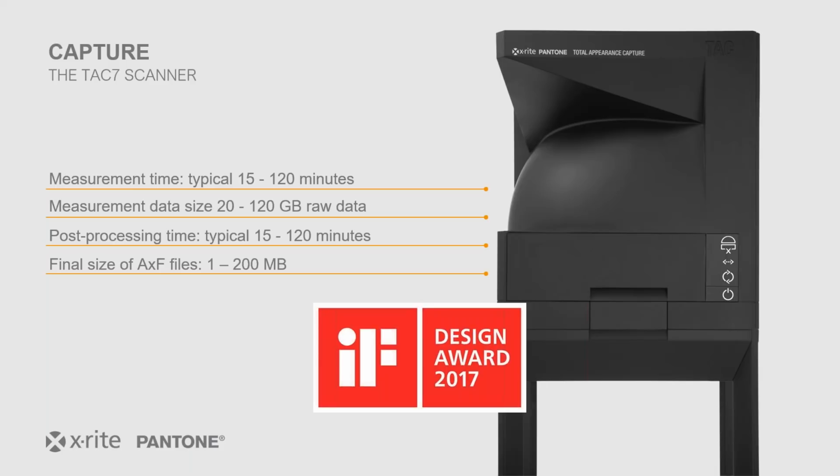The post-processing time, typically, depending on the machine that you're using, can be anywhere from 15 minutes to 2 hours. It can take longer than that if your machine doesn't have as many CPUs, but KeyShot tends to like machines with CPUs, and so does the TAC. So that makes us a really good partner with them. And then the final size of an AXF file can be anywhere from 1 to 200 megabytes, depending on how large of an area you've selected to analyze.